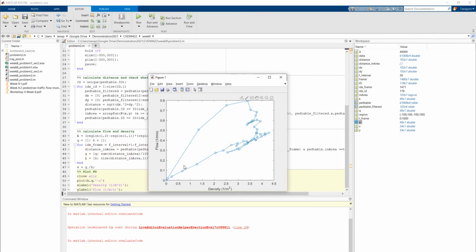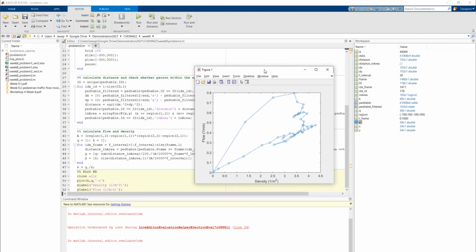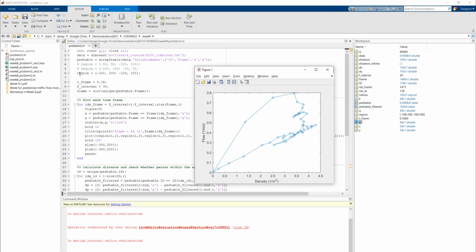So as we expected, the wider the corridor is, we expect more flow, and the data is not as messy as before because we created this region to be a lot wider.